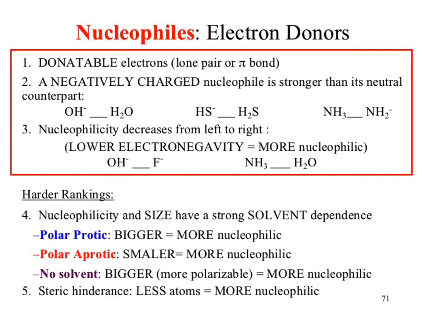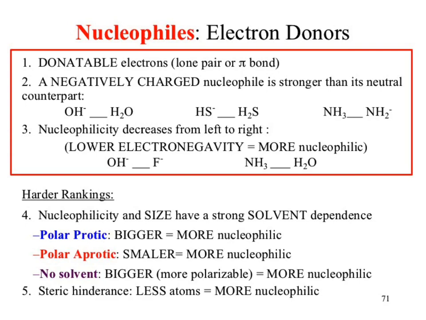Okay? So let's go to the no solvent one, because let's try and keep it simple. It's saying bigger is more nucleophilic. Which is kind of counter to what we talked about, right? The bigger it is, the less likely the electrons are found at any given point, which means less reactive. And yet, what is this saying? It's saying it's more nucleophilic, which seems a bit weird.